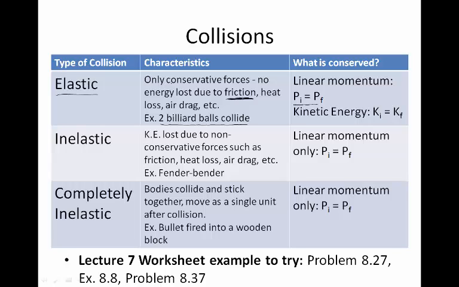There's the conservation of linear momentum, and there's a conservation of energy. Remember, conservation of energy required that there's no non-conservative forces acting, like friction. Now this is similar to the conservation of energy equation, but it's missing all the potential energy stuff we learned.